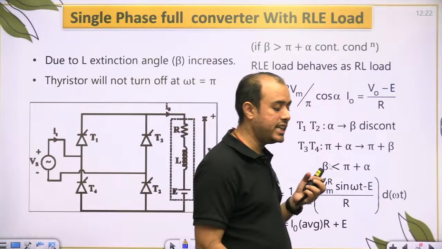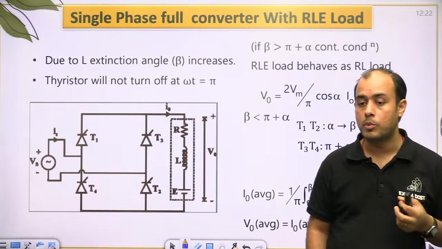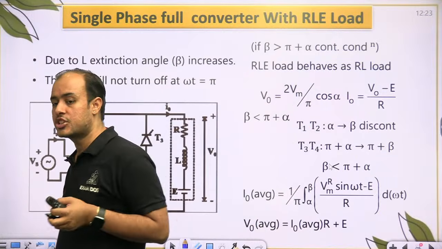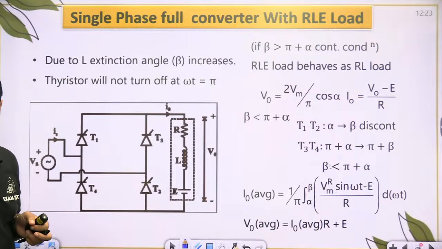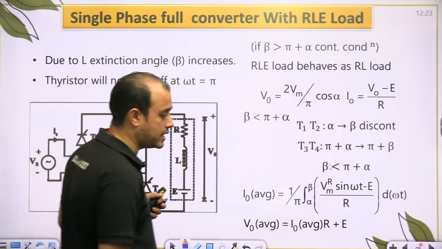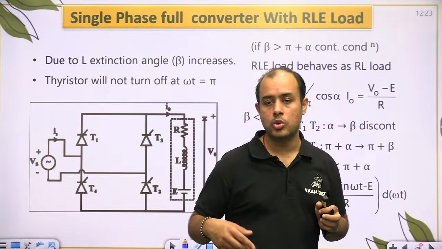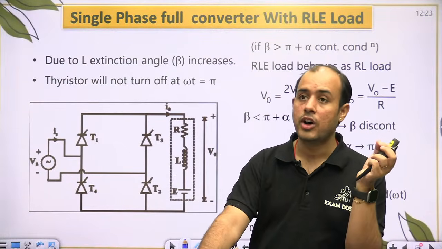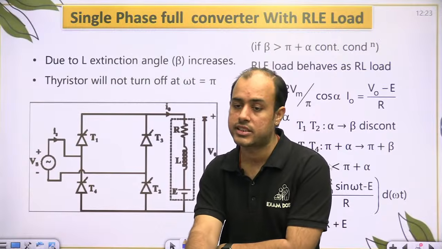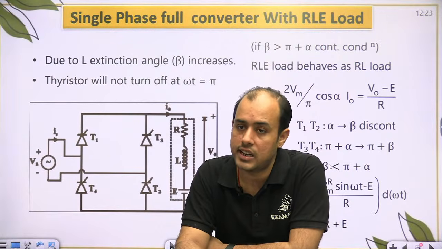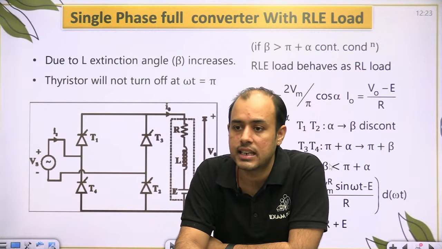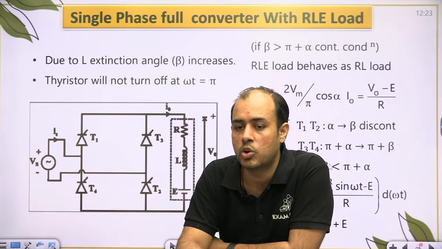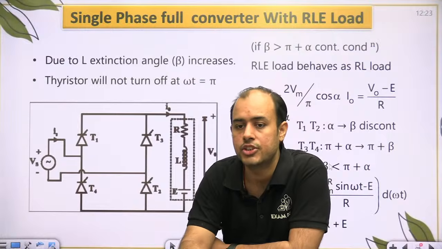Understand this: before T1, T2 can turn off, T3, T4 will turn on, so your conduction is going to become continuous. And whenever there is continuous conduction, RLE load will behave like an RL load. In terms of the formula, whatever you have studied, your RLE load will give you the same expressions as the highly inductive load. You will start getting the same formulas as for the highly inductive load.